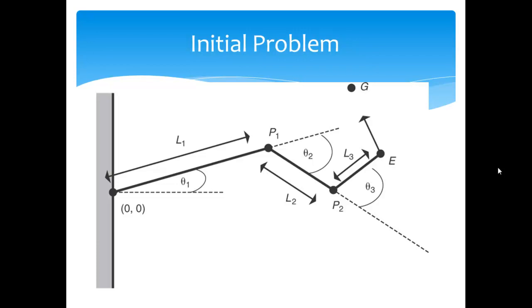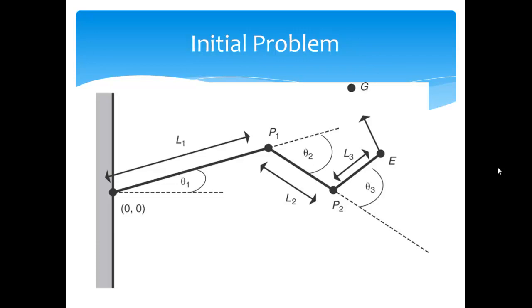One initial thing is, with the position of E going to G, we need to solve for all the local angles of each joint. So we need to solve how these joints are going to move and turn in order to reach that goal position G. One problem that we find here is that each angle can have multiple solutions.